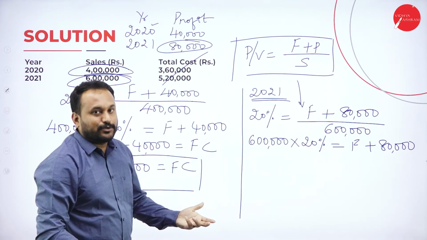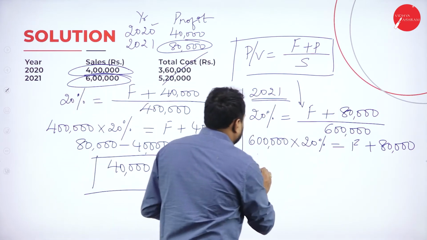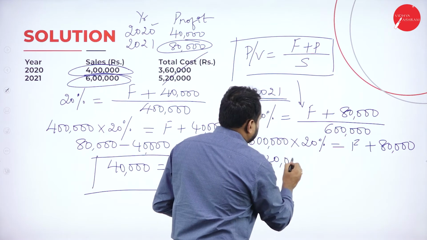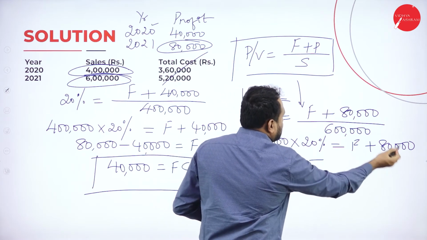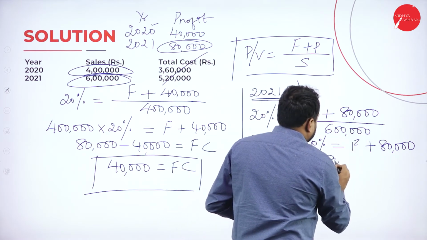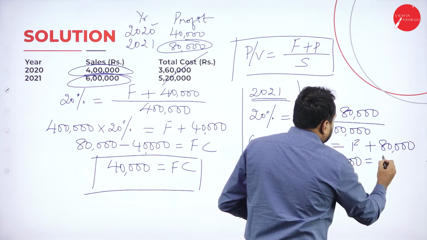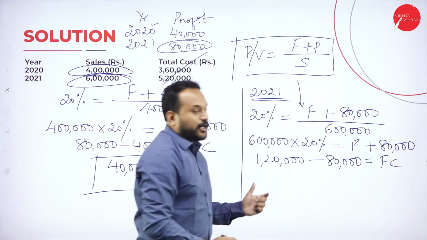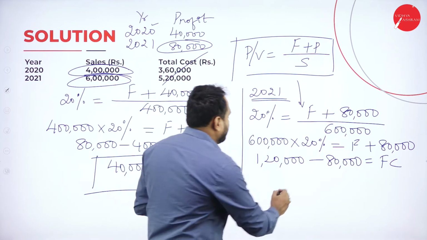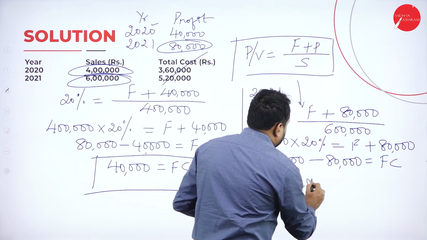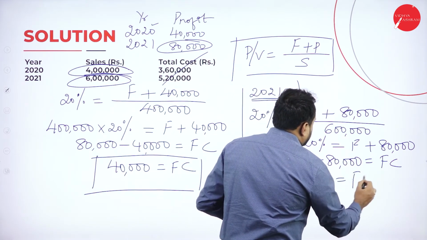Here 6 twos are 12, so we have 1,20,000 minus this 80,000 will come here, so it is minus 80,000 is equal to fixed cost. 1,20,000 minus 80,000 is 40,000. 40,000 is equal to fixed cost.